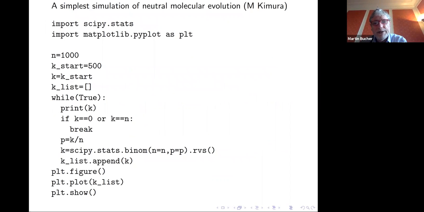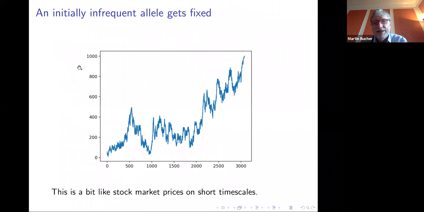So what did I do here? I just coded this for a population of 1,000.